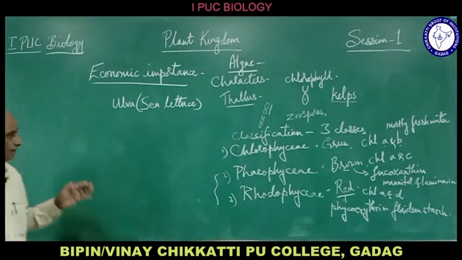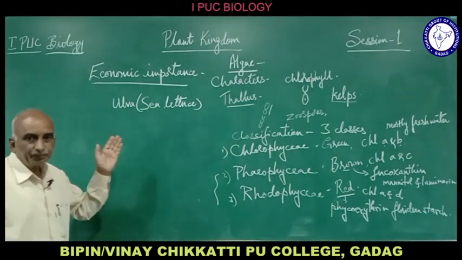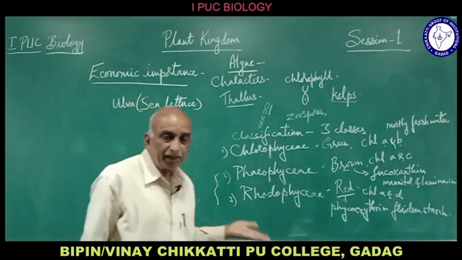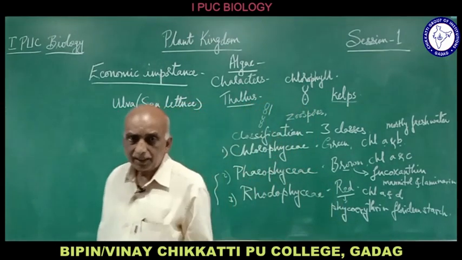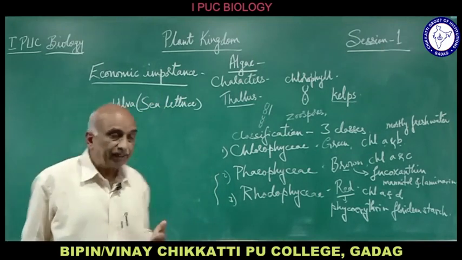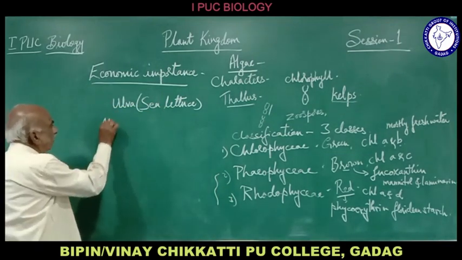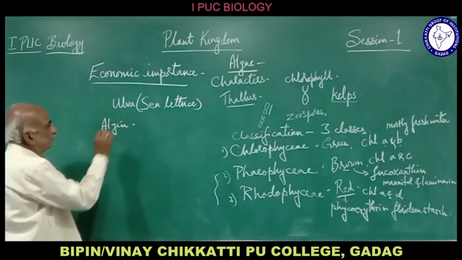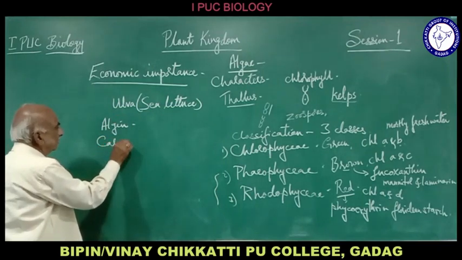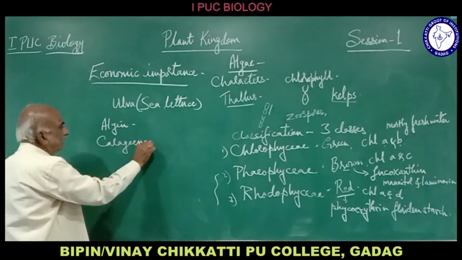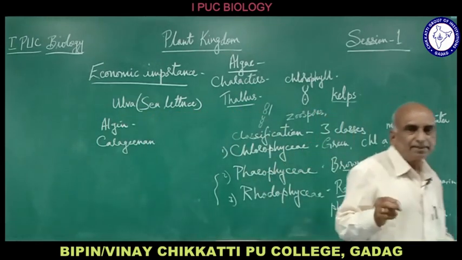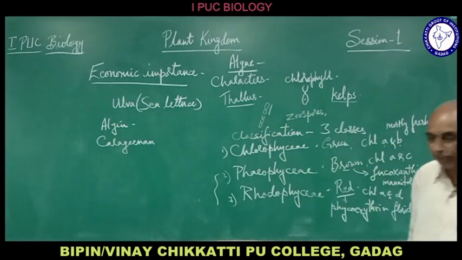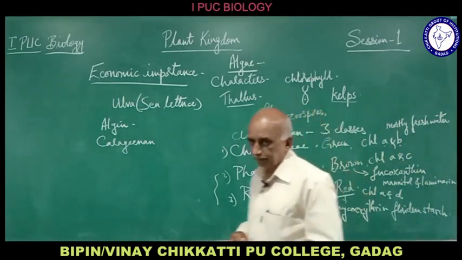In addition to this, algae also provide certain chemical products like algin and carrageenan. Carrageenan is a chemical extracted from certain red algae, and they are used for various purposes.